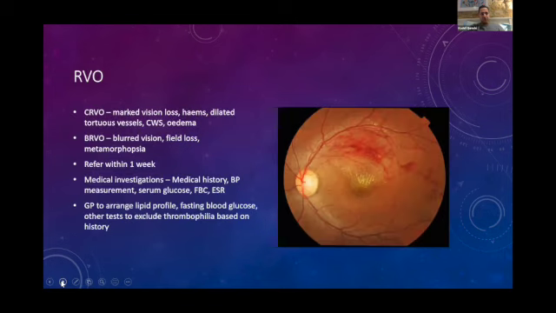And a retinal vein occlusion is an urgent referral. I would say 1 week, maybe 2 weeks at the most, because these patients can lose vision quite suddenly, like wet macular degeneration. It is important that the patient be advised that they need to see their GP to make sure their blood pressure is checked, their glucose is checked, a blood count, ESR, possibly even an ECG.